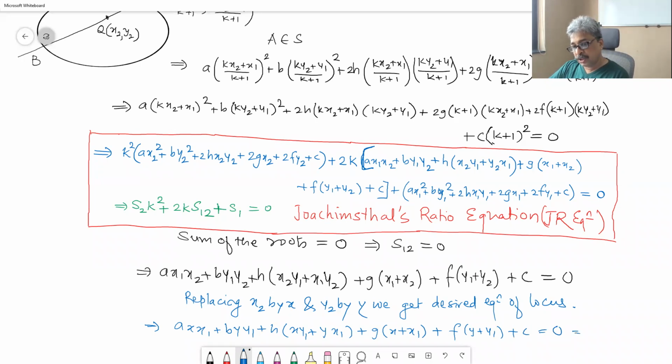So this is P is equal to 0. It is the locus of the harmonic conjugate.